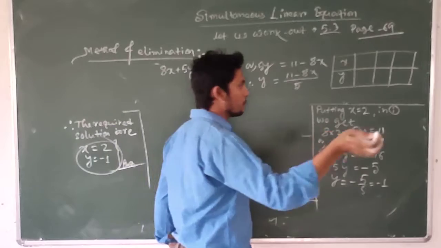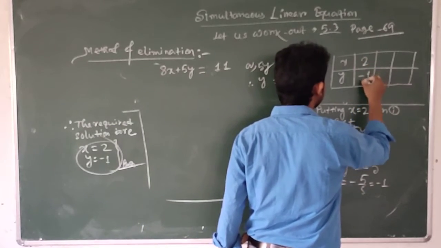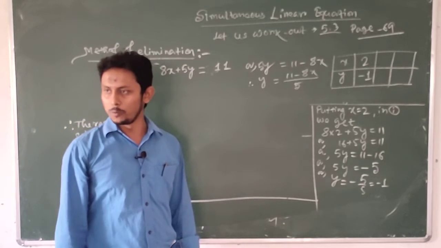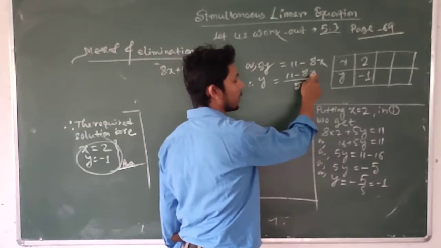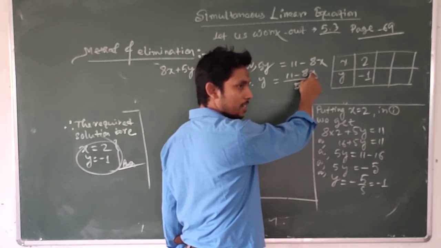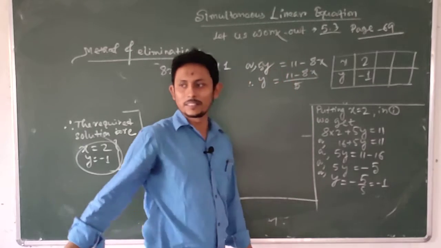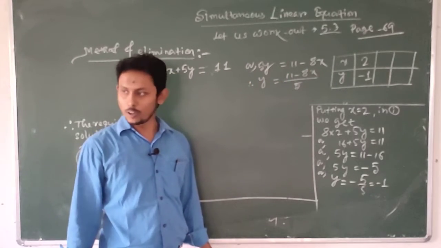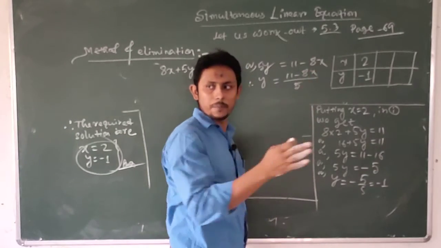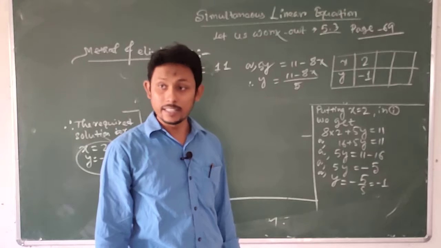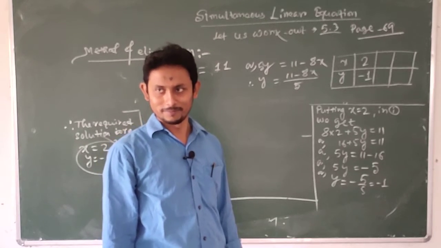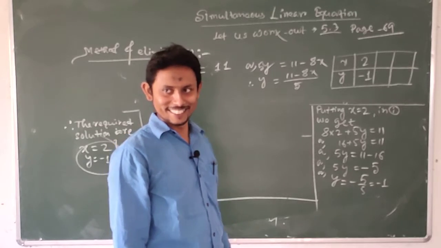So here, with closed eyes, you can write 2, minus 1 obviously. Yes or no? Put it down and check. 8 2s are 16, 11 minus 16 is minus 5, by 5, minus 1. Is it not coming? Yes, it is coming. Now 0: if I put 0, it is 11 by 5, which is not an integer, that's why we can't take it.